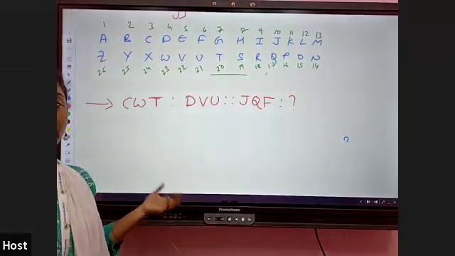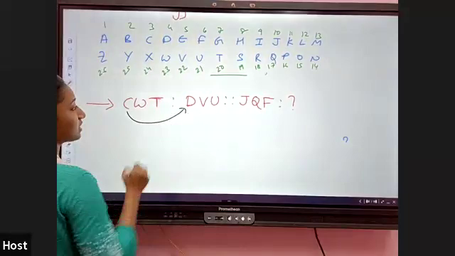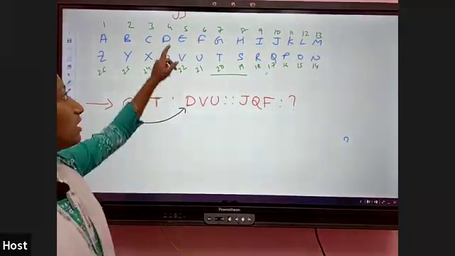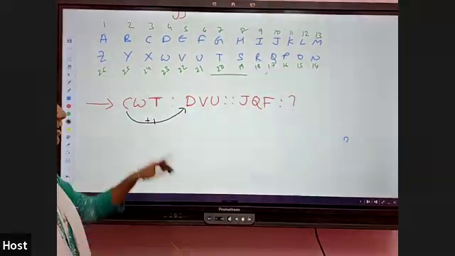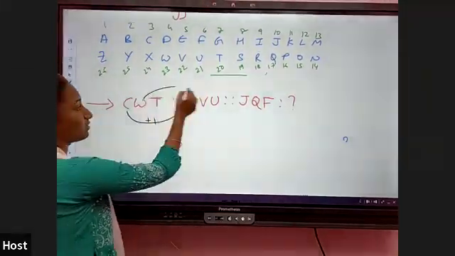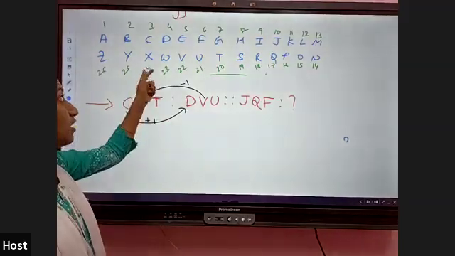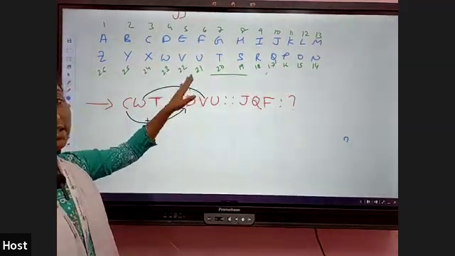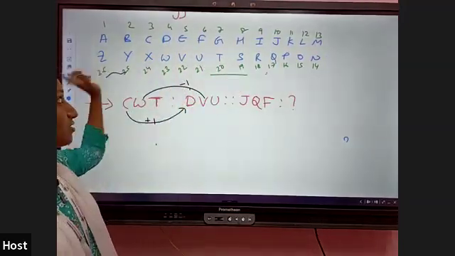First we should find out the theme which has been given. The relation between C and D: they did +1. W and V: -1. You may be confused here. W's before letter is V, not W's after letter is V. So we should come like this, not like this.